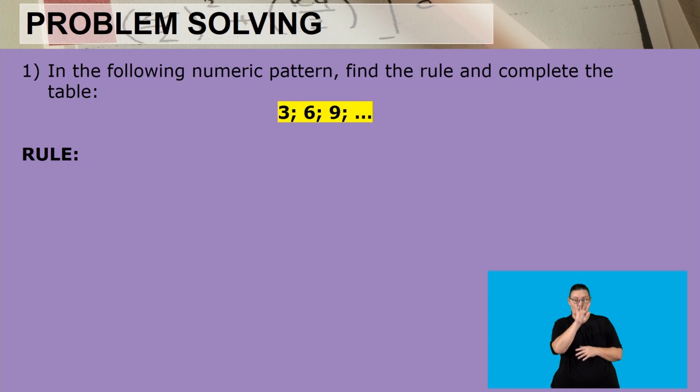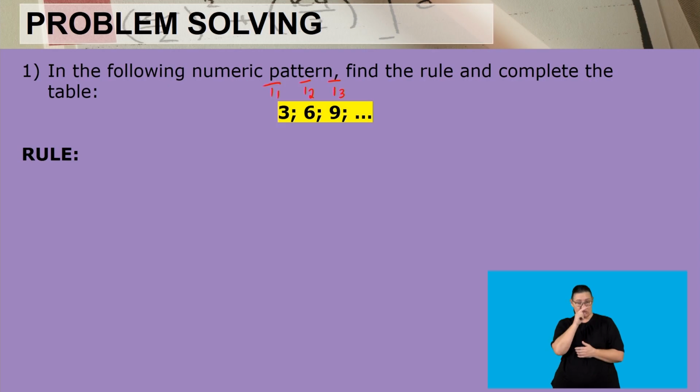Let's look at the pattern that we have been given. Now, our first term is 3, our second term is 6, and our third term is 9. Of course, that pattern continues. Now, remember, for us to find a rule, we need to find a relationship between the term number and the term itself.